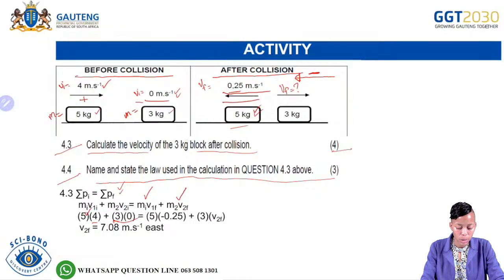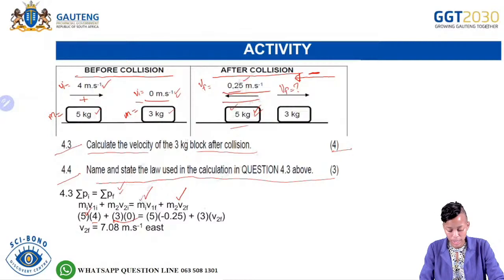And then after the collision, what happened? You write the mass of object A, which is 5 kilograms. After the collision, this block was moving to the left at 0.25 meters per second. So why are we having a negative? Remember, we said whatever is going to the left, we write as negative, plus the mass of object B. The mass of object B is 3 there.